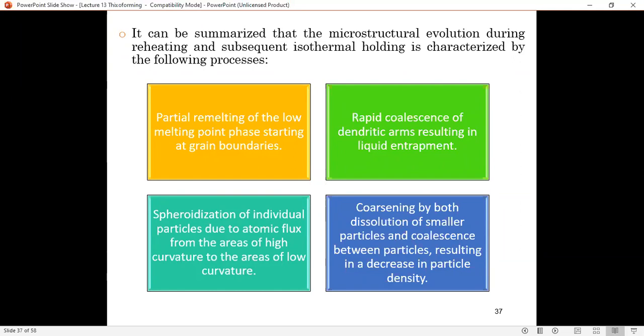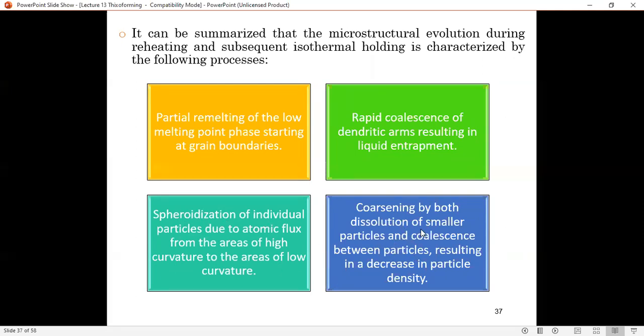Once you heat it up, they are going to coalesce, and form the spheroidal structure of individual particles.